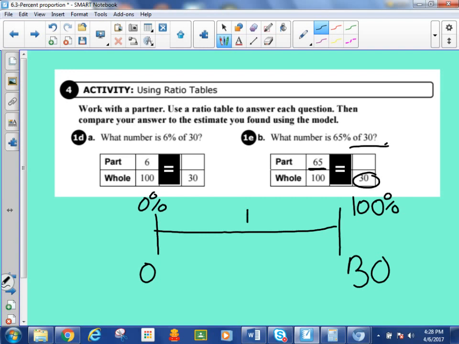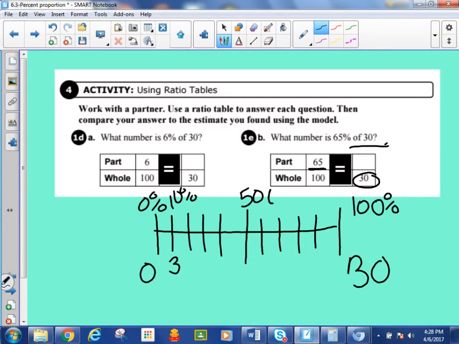So I can combine, I know what 50% is, and I can figure out what 10% is. So here's 10%, which I know is 3. So then 60% here, I would add 3 again. So my 50 is 15, because that's half of 30.